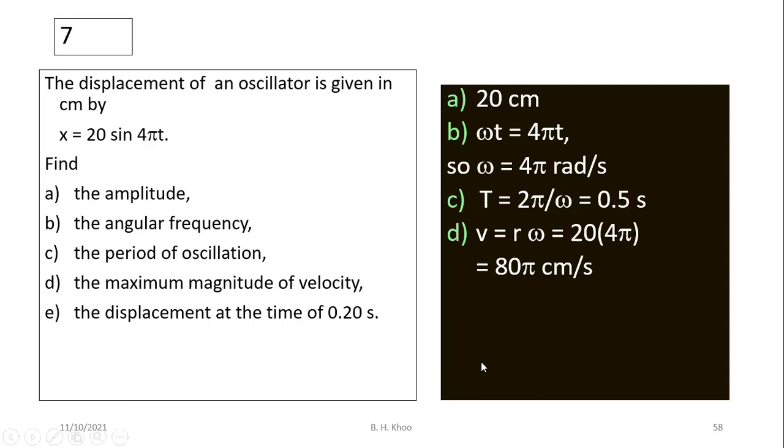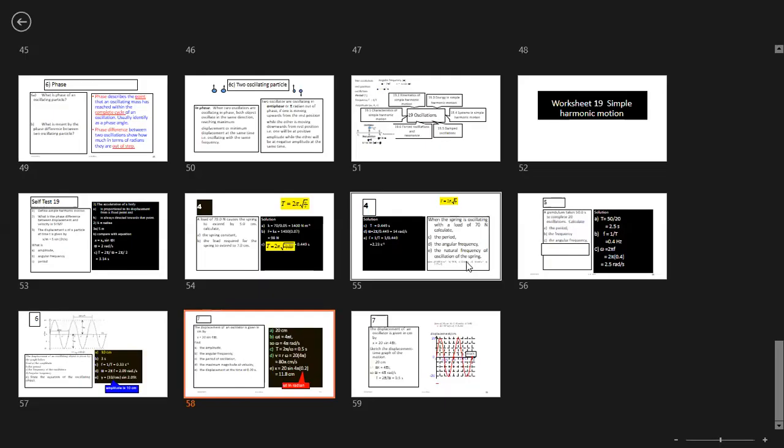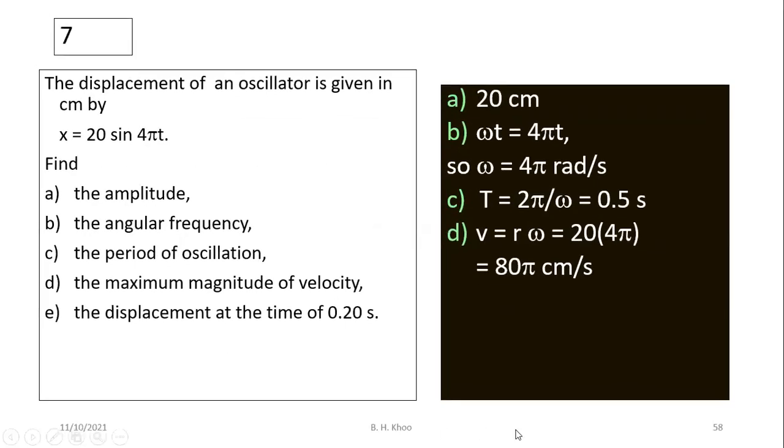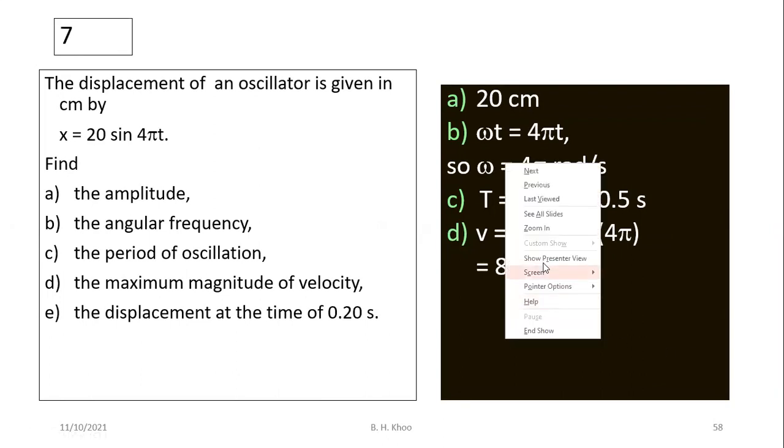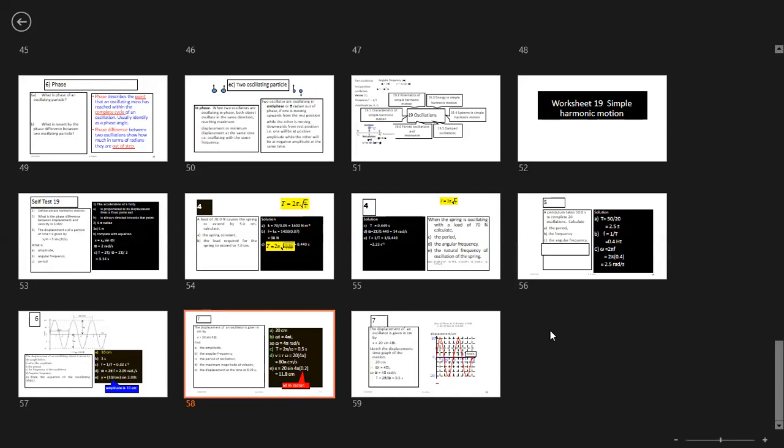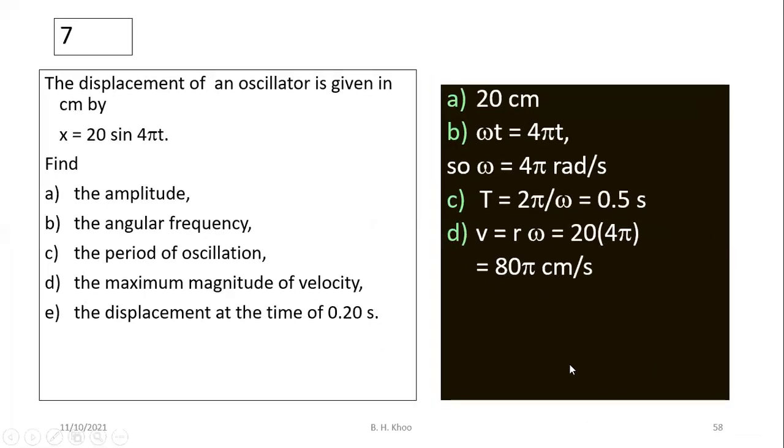Yep, what do you get? Why so long? Yep, what's your answer?